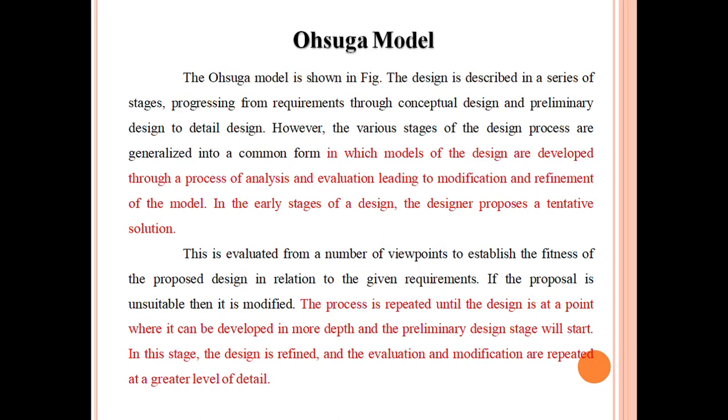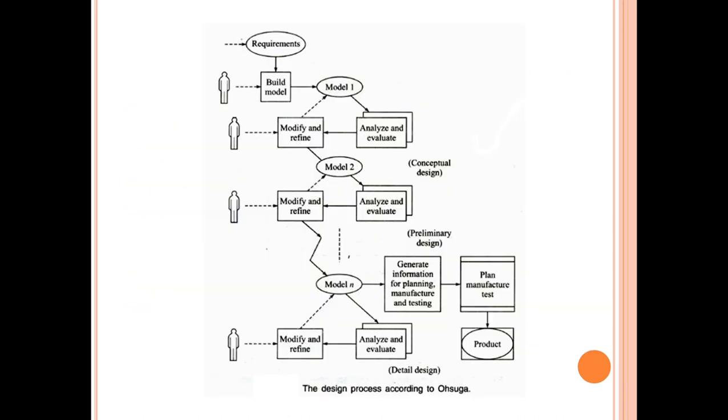Asimow method. This is one of the methods to identify the viewpoints to establish the fitness of the proposed design. The proposed design means the process is repeated until the design is at the end. You will go for a drawing part. What is the requirement? You build a model. This is model one. There are some modifications. Again, you go for analysis and evaluation.